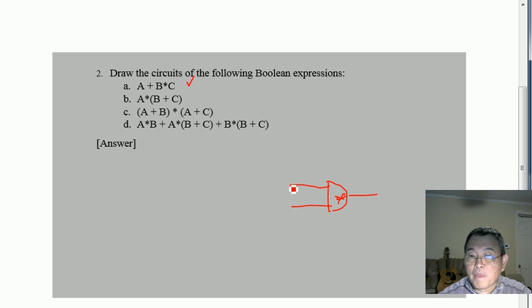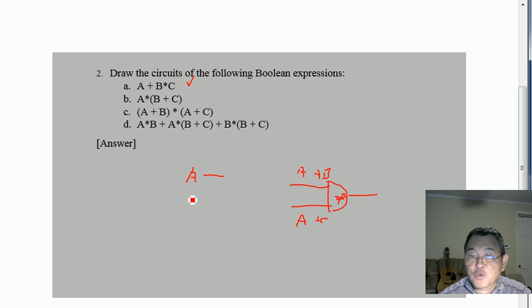This side is an OR, so this is A or B, and this side is A or C.